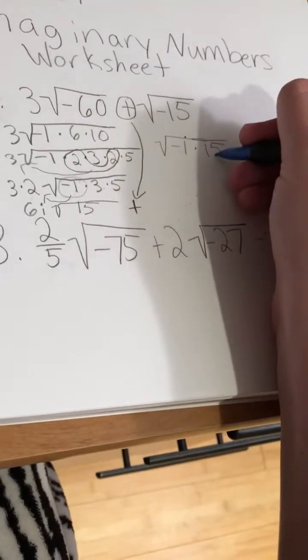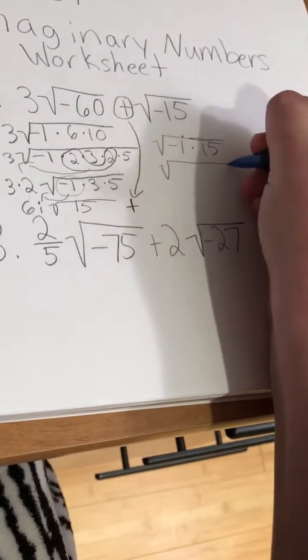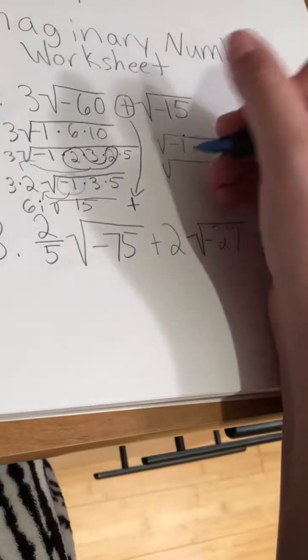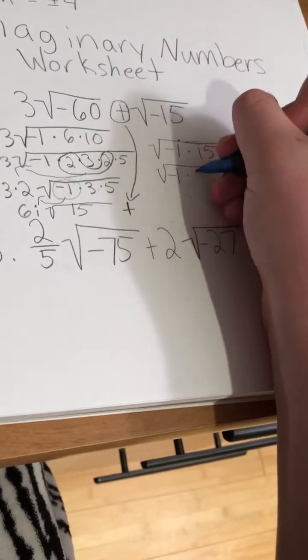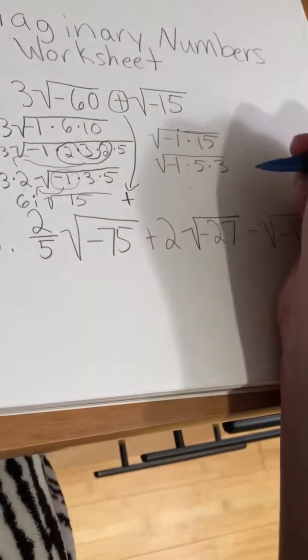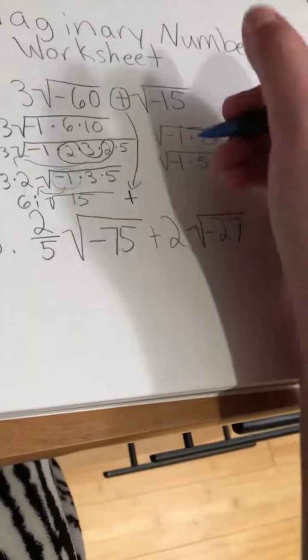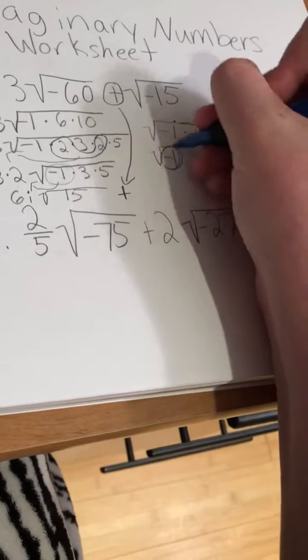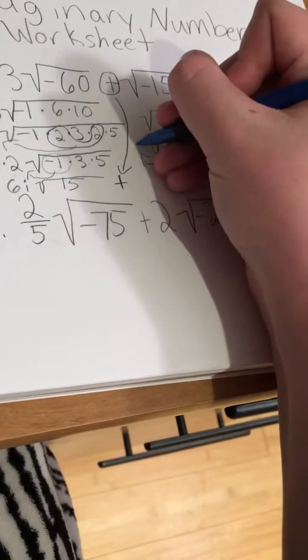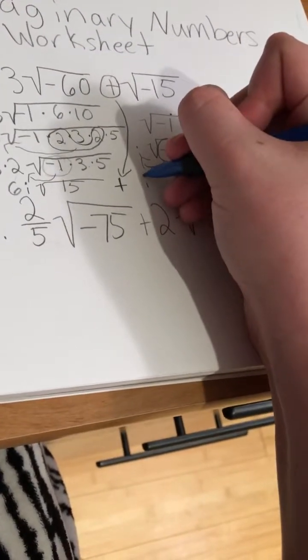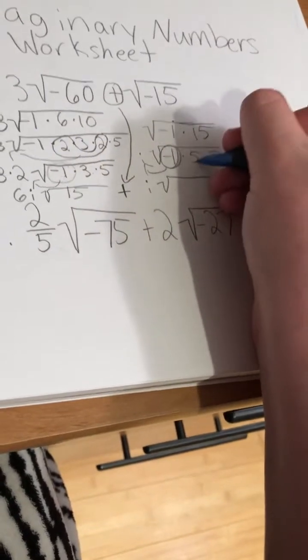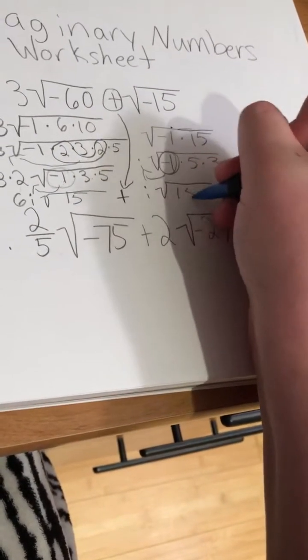And if I want to try to separate this out to see if I can bring anything outside of the square root, I can do negative 1 times 5 times 3. Well, I don't have a pair of anything, so it stays the same. But this square root of negative 1 still comes out as i. So I have i on the outside of the square root. And 5 times 3 gives me 15.